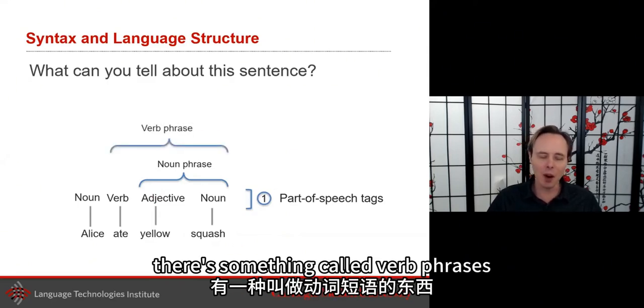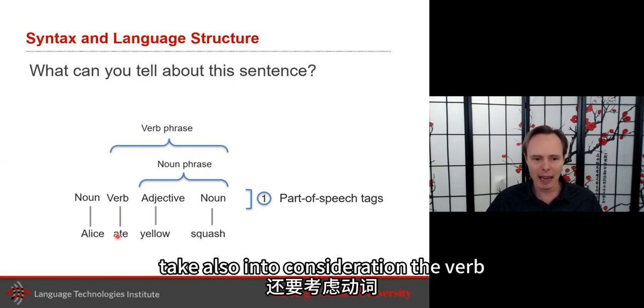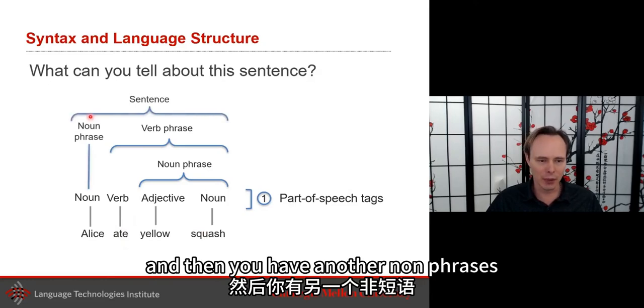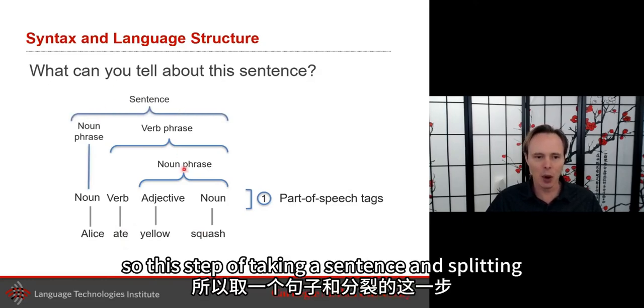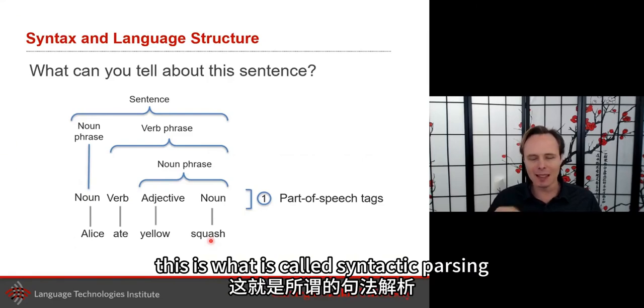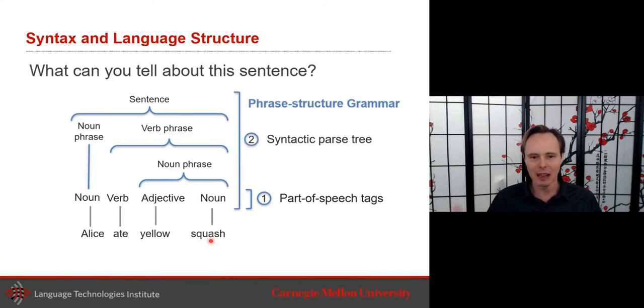There's something called verb phrases, which takes into consideration the verb and its complement. And then you have another noun phrase and then a sentence. So this step of taking a sentence and splitting it into noun phrases and verb phrases is called a syntactic parse tree.